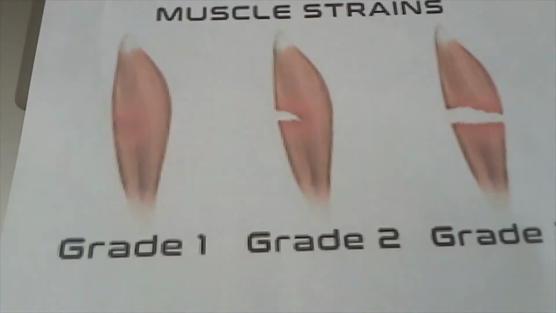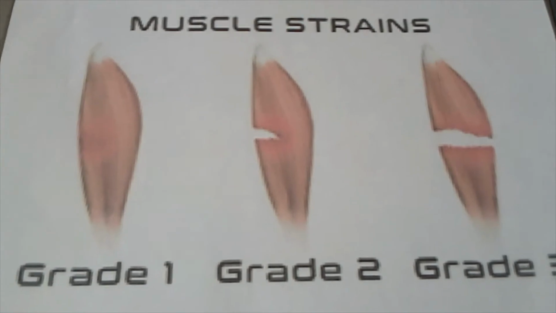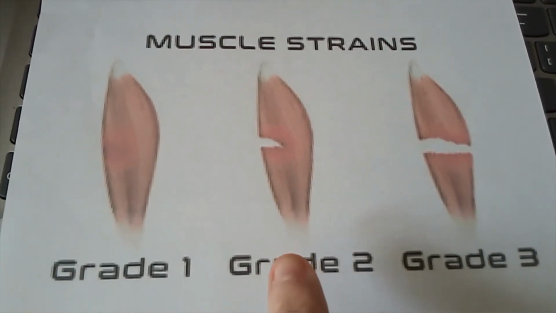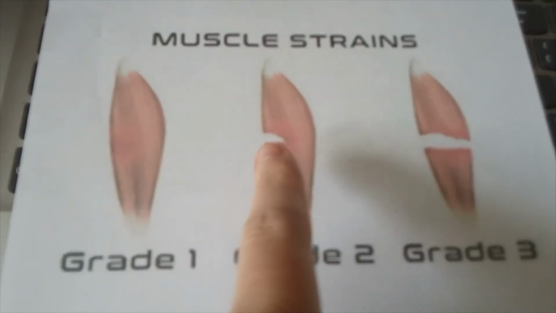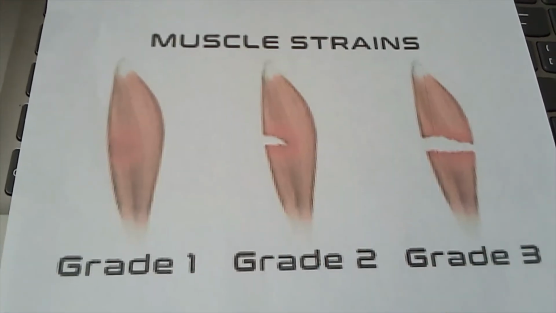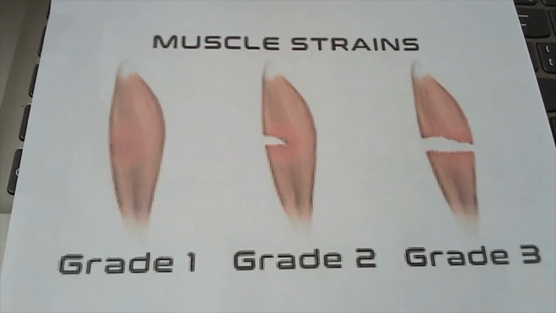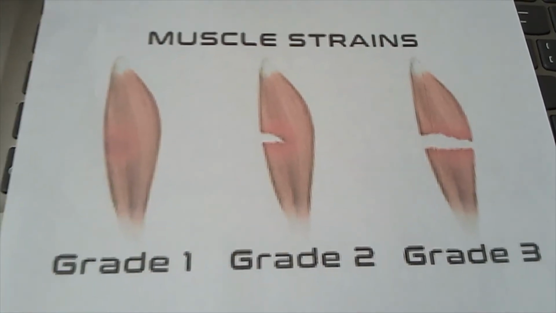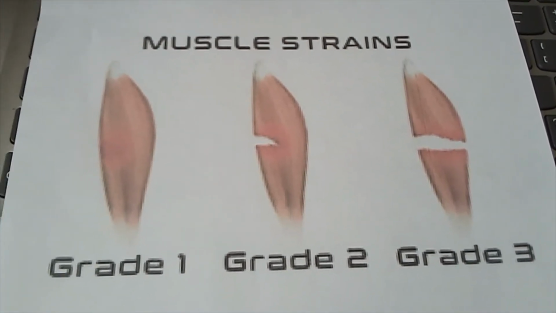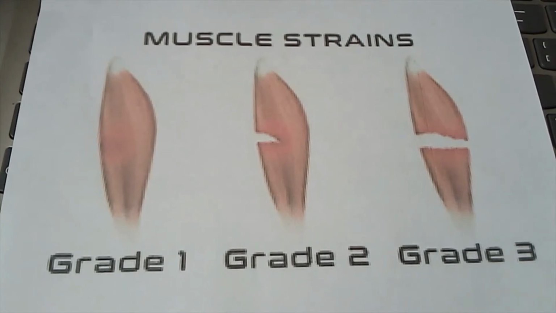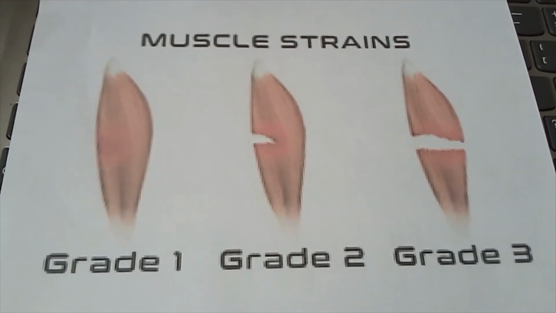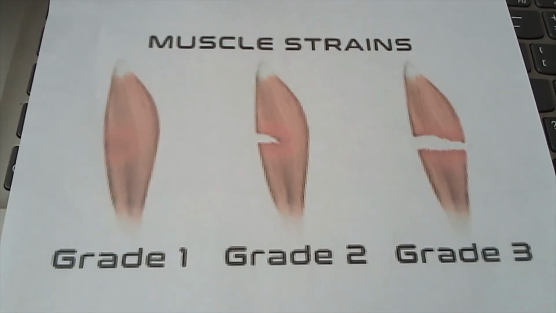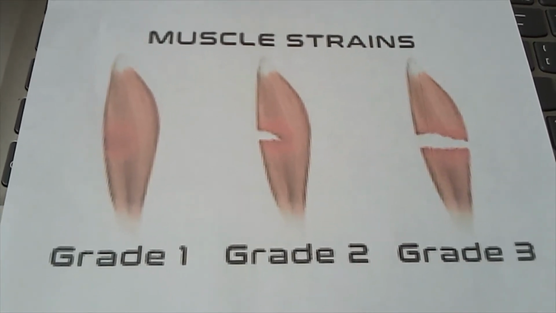Now then we have a grade 2 type strain. So the grade 2 involves a partial tear of the muscle. So it involves injury to more muscle fibres than you would see in a grade 1. Localised calf pain is noted during activity, and it will be sore to touch, and certainly may restrict movement somewhat.